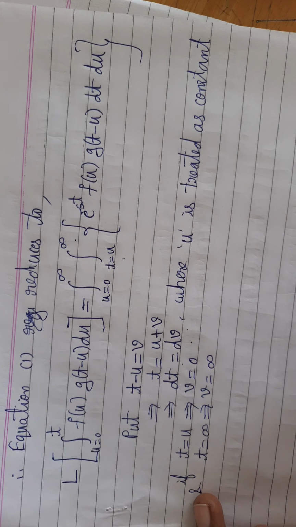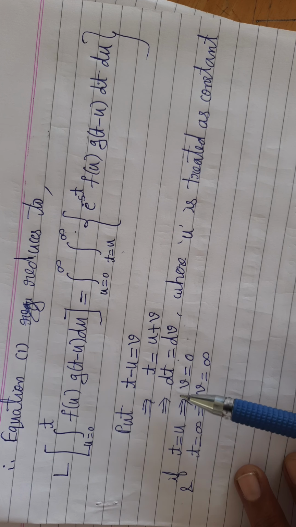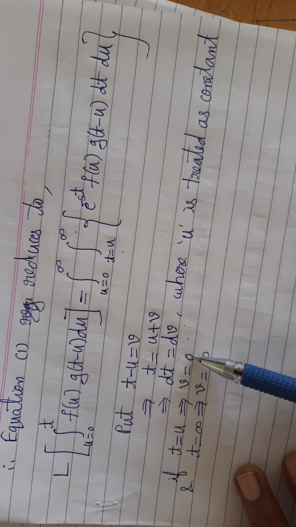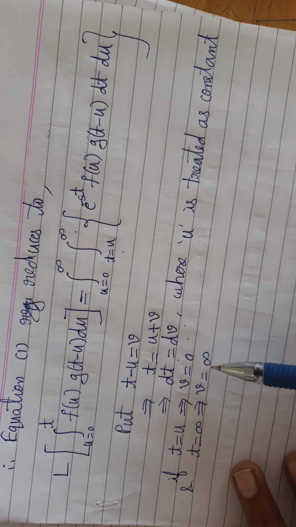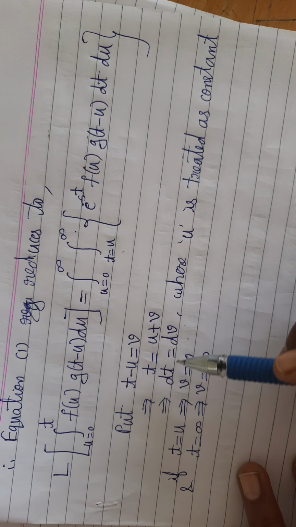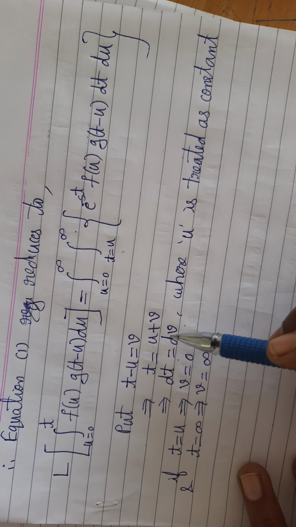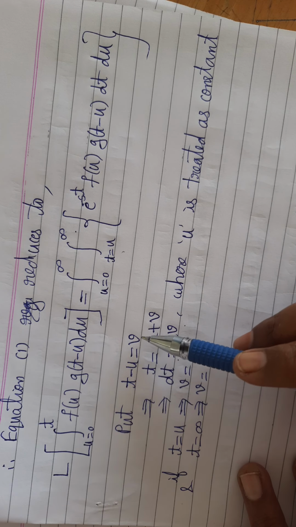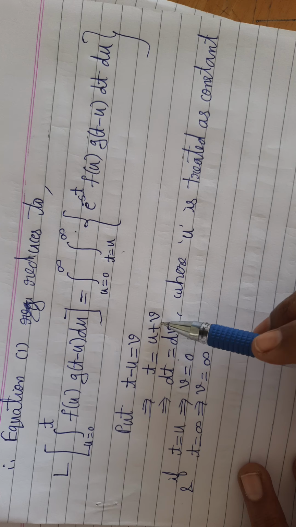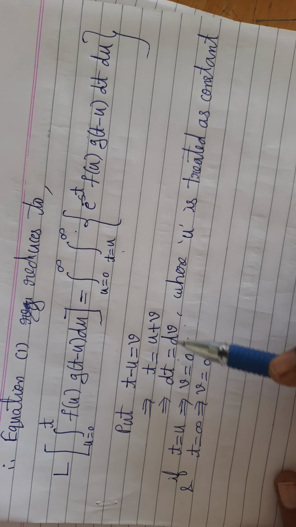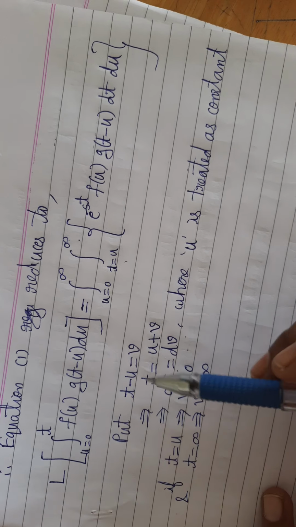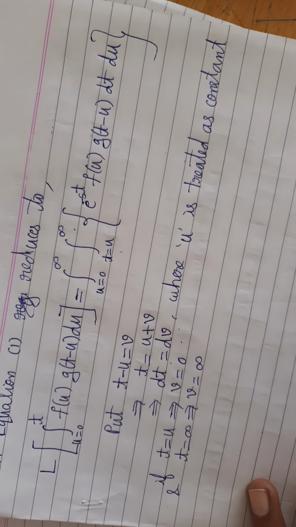So you write v equals infinity. So the limits for t, u to infinity, become 0 to infinity for v. Substitute dt by dv, whenever you have t minus u that becomes v, and wherever t is there, it should be taken as u plus v. All these terms we have to substitute in the RHS integral.